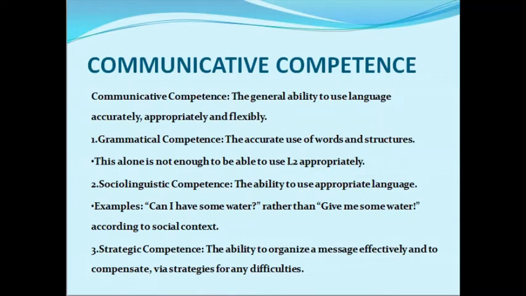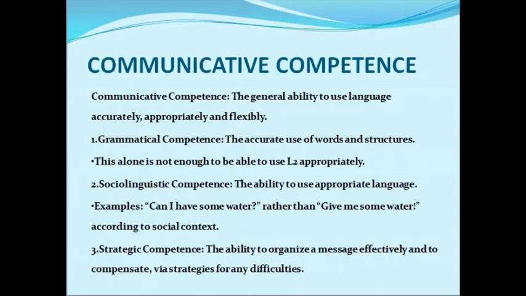Sociolinguistic competence is the ability to use appropriate language. Now, if we take an example, "Can I have some water?" will be better than "Give me some water," an order. This utterance is used according to social context.